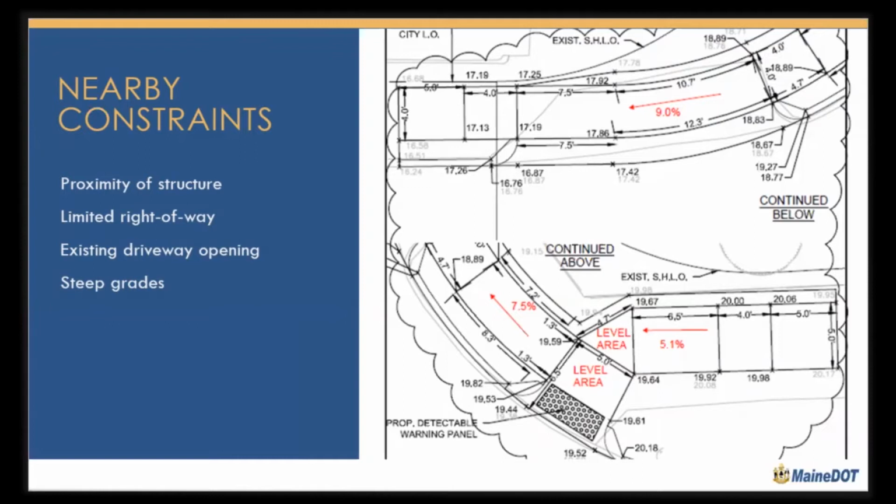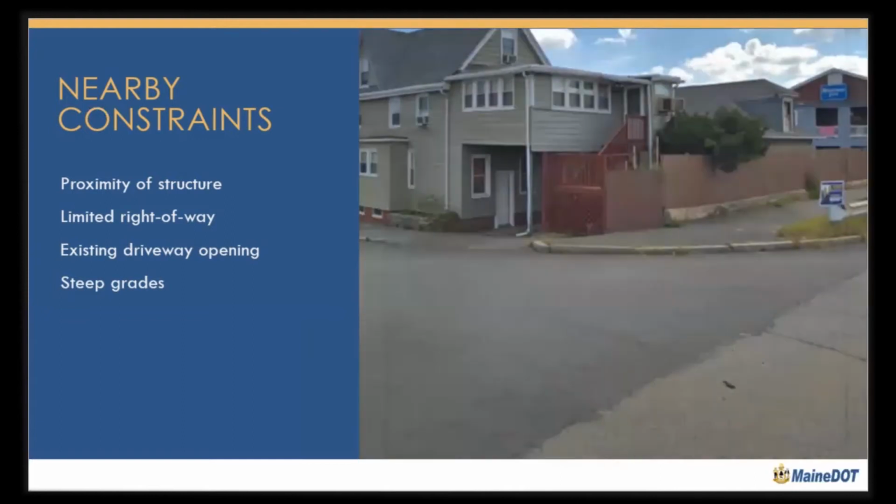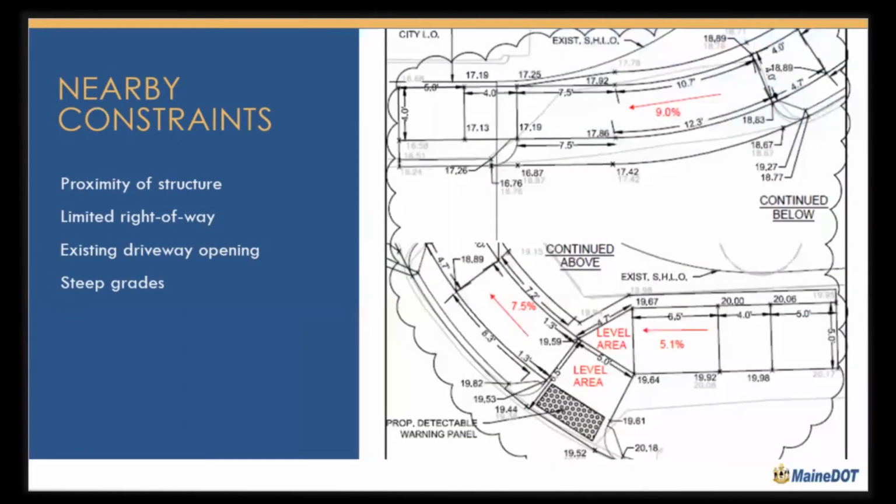What we did was, there's the fence, which is outside what's called the state highway layout, which is the right-of-way line. So we decided not to mess with that and come down to a level area to the crossing. And then, interestingly enough, it goes down 7.5% to another landing area, and then down 9%.